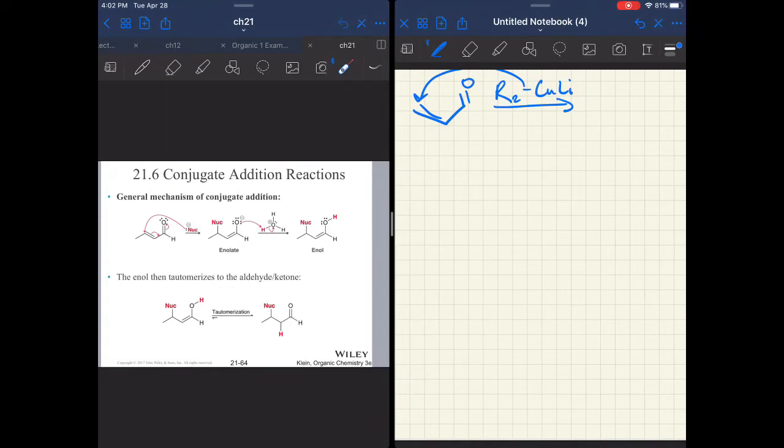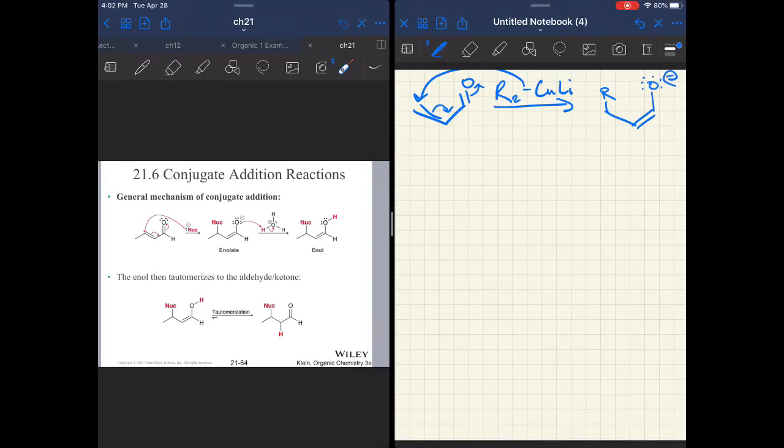We can't have 5 bonds on carbon, so we are going to shift the electrons around, push them out onto the oxygen. That's going to form our enolate. All right, so we've added R, or whatever nucleophile we're adding here. We've got a double bond and then an O minus. So we have our enolate intermediate.